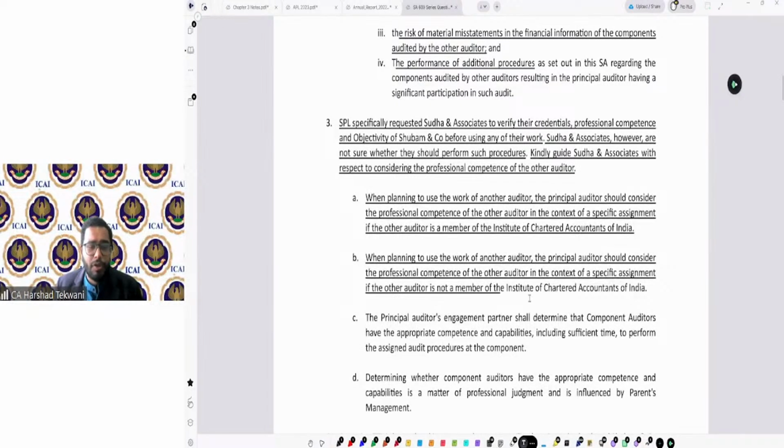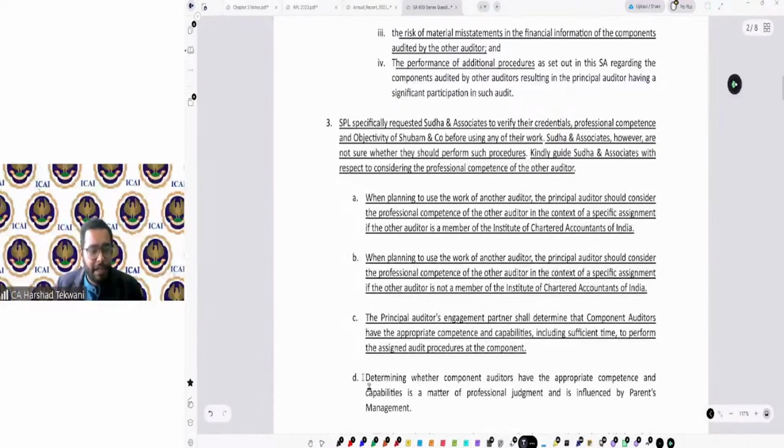If the other auditor is not a member of the Institute of Chartered Accountants of India, the principal auditor engagement partner shall determine the component auditor has appropriate competency and capability, including sufficient time to perform the assigned audit procedures at the component, and whether the component auditor has the appropriate competency and capability in the matter of professional judgment and is influenced by the parent's management. So what is the correct option over here?